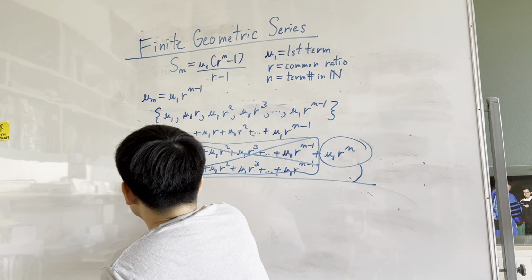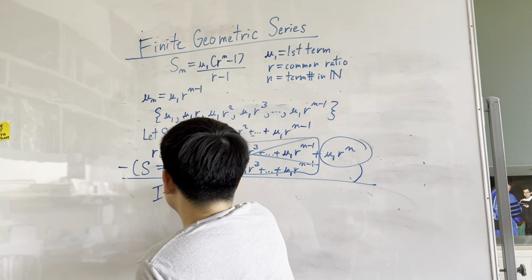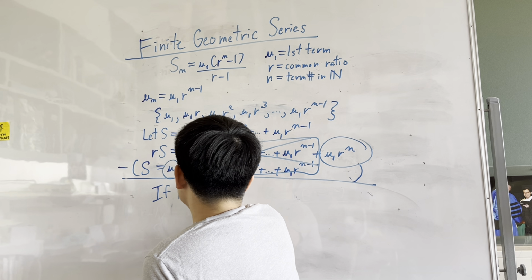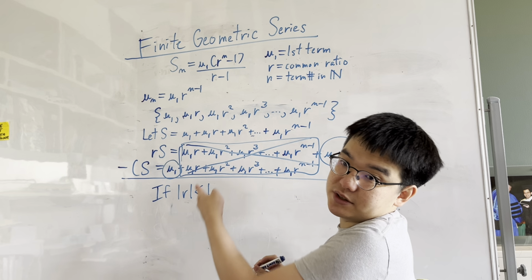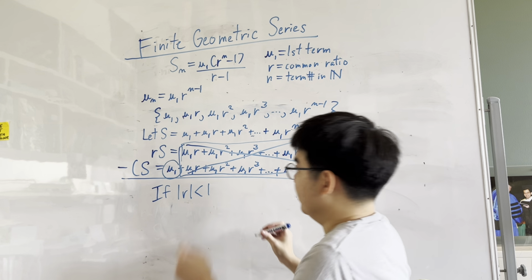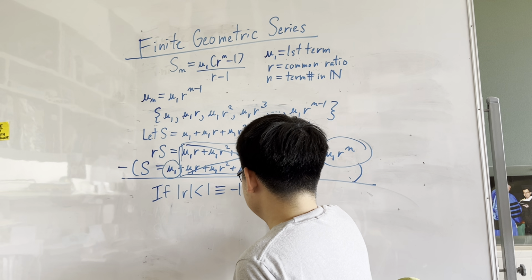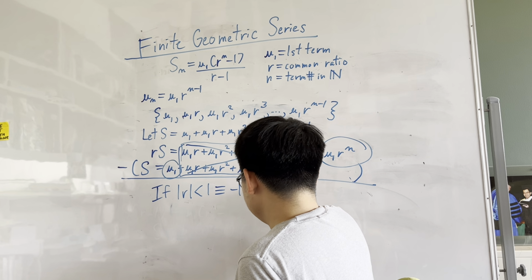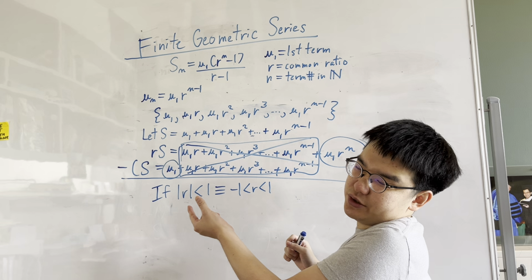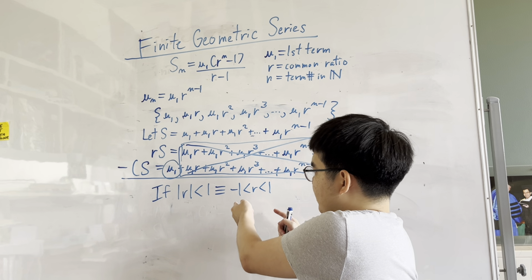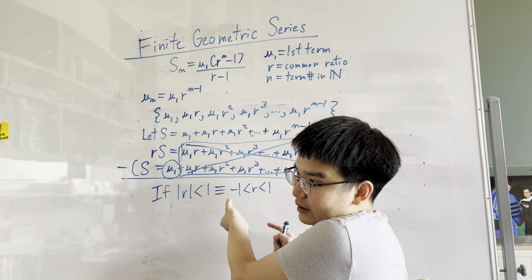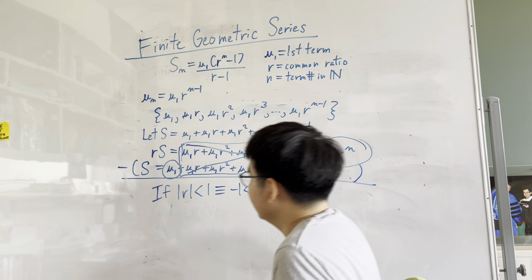If my common ratio is bounded between 1 and minus 1, you might see the absolute value of r is less than 1. This is the same thing as negative 1 less than r less than 1. Basically, r is a common ratio that lies in the interval negative 1 to positive 1.